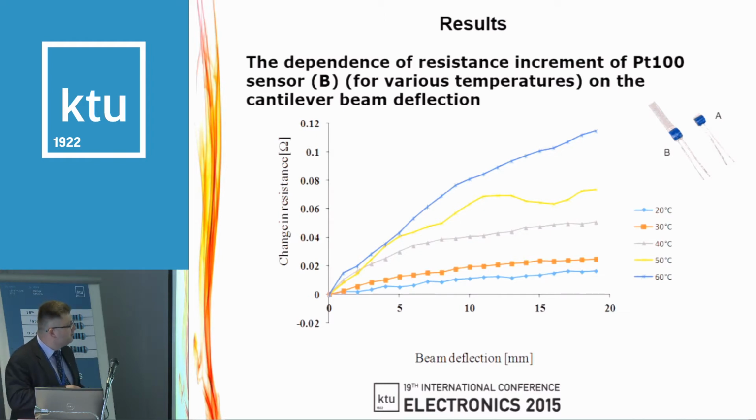Of course, we can see differences for different temperatures. It is caused by increases of sensor resistance for bigger temperatures, so the coefficient of difference is bigger.